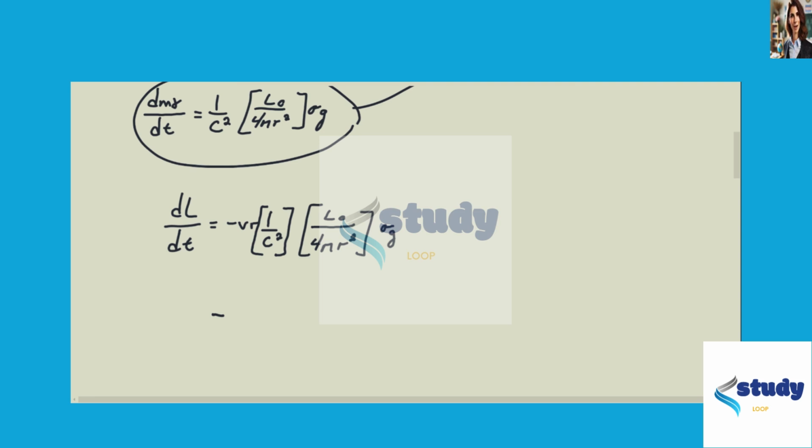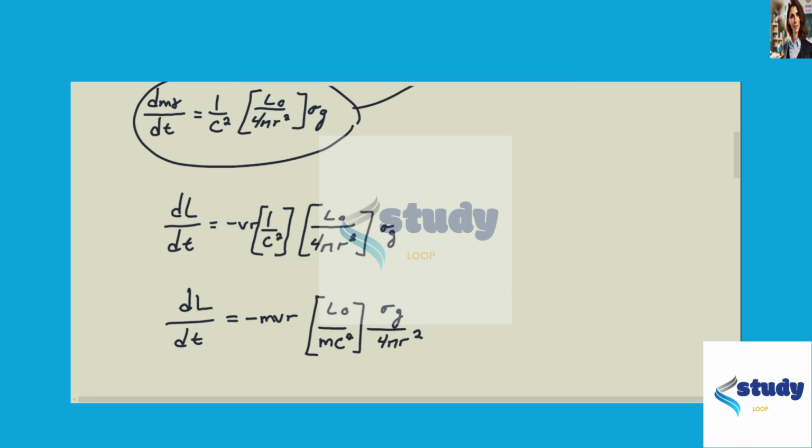Then we use the expression of L for mv. So multiply and divide by m, and dL/dt ends up as mvr times the luminosity over mc squared, and then we also have omega g over 4 pi r squared.